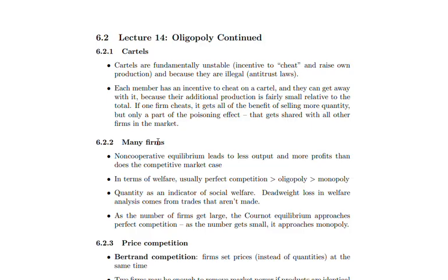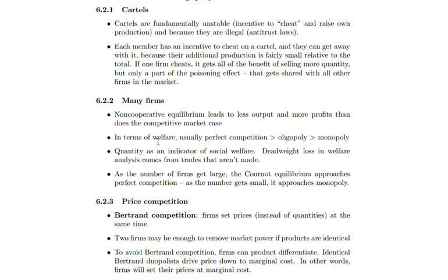If one firm cheats, it gets all the benefits of selling more quantity, but only a part of the price reduction, and that gets shared with all the other firms in the market. So in a cartel, firms have incentives to cheat. Trust is the number one priority.